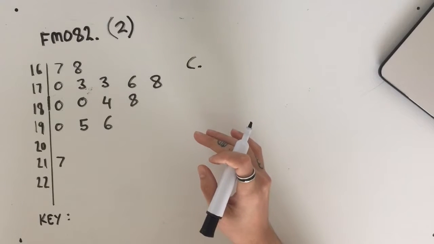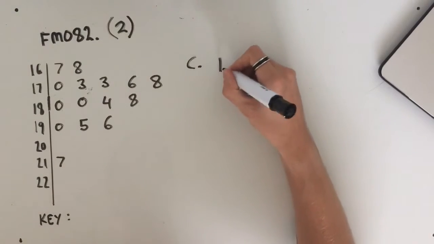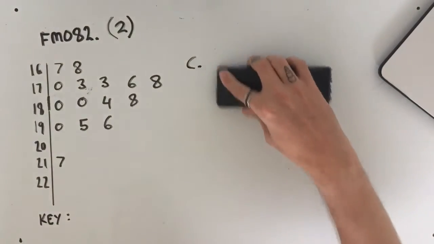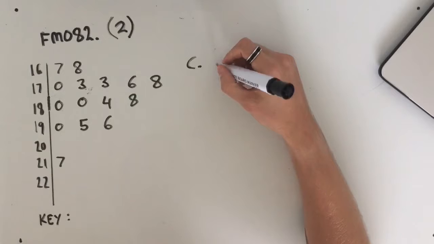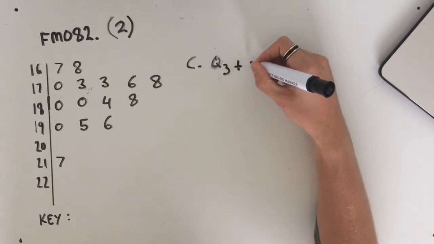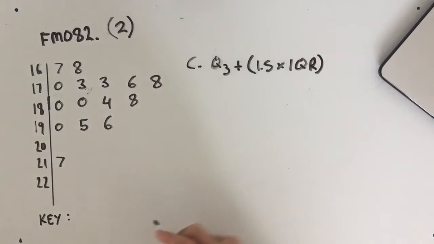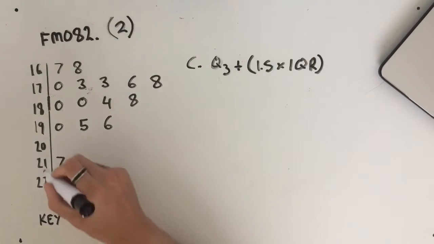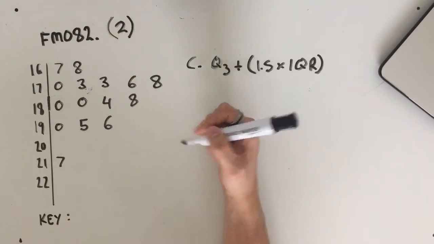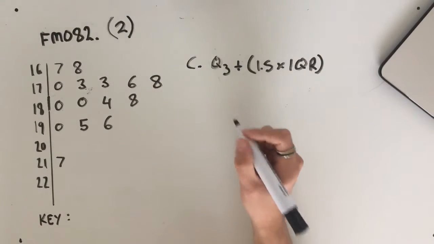To calculate the upper fence, we use our equation: if 21.7 lies above the value of Q3 plus 1.5 times the IQR, then 21.7 is an outlier. If it doesn't lie above that value, then 21.7 is not an outlier. However, they've already told us that it is.